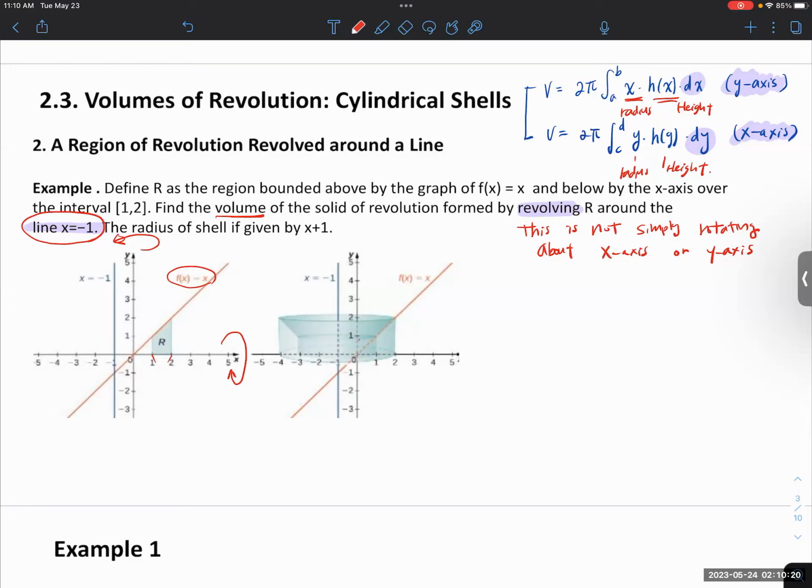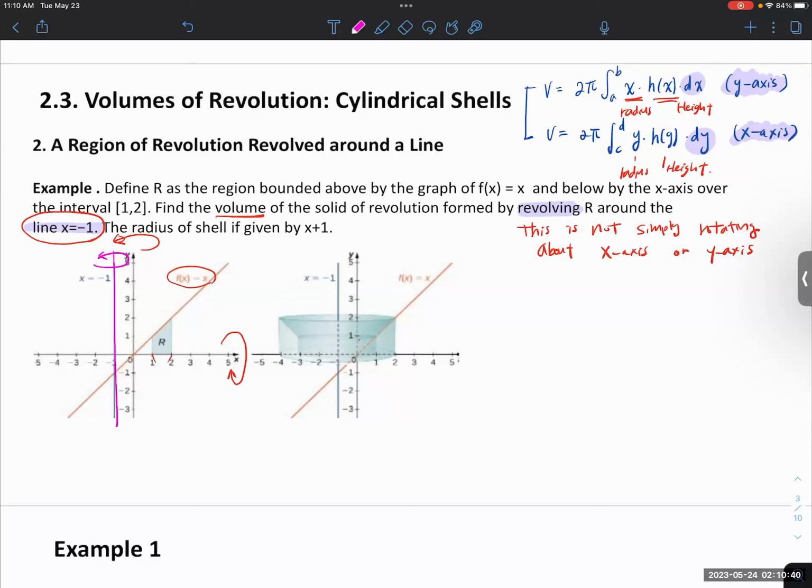But in this question, you are going to rotate this function around x equals -1, right there. Which is not exactly the y-axis or x-axis.